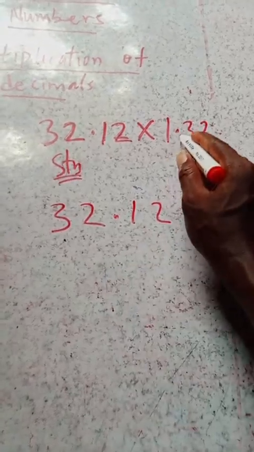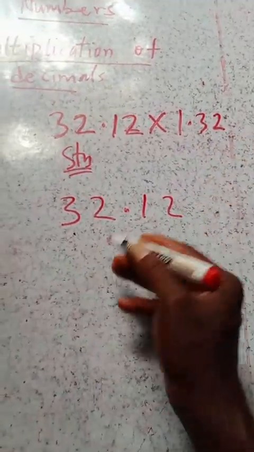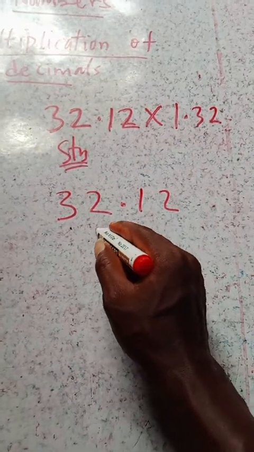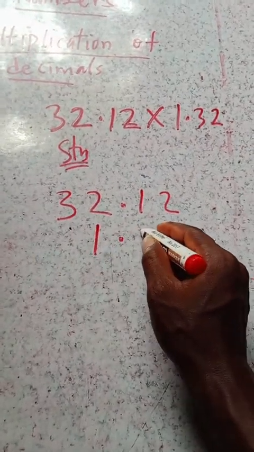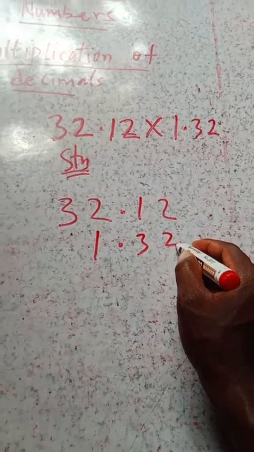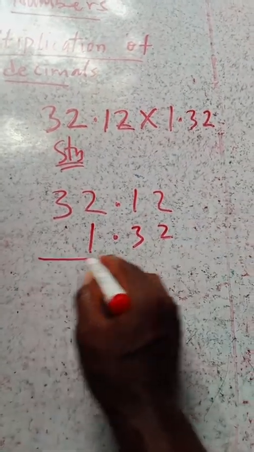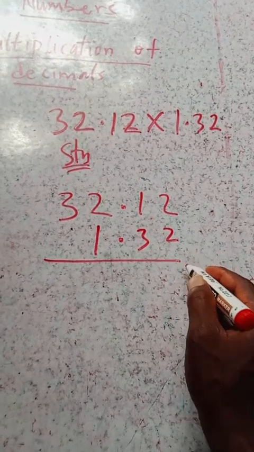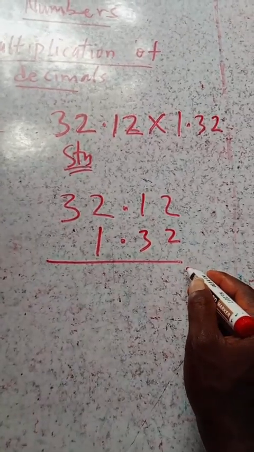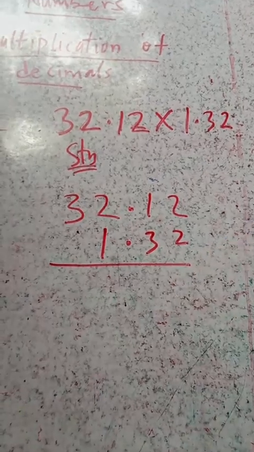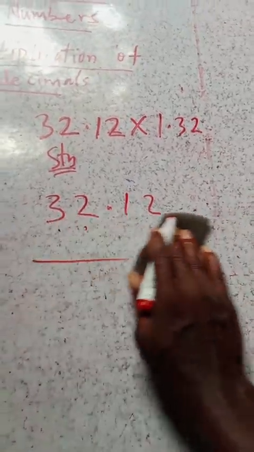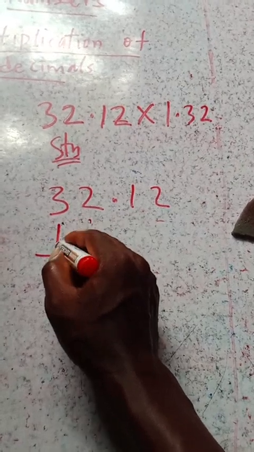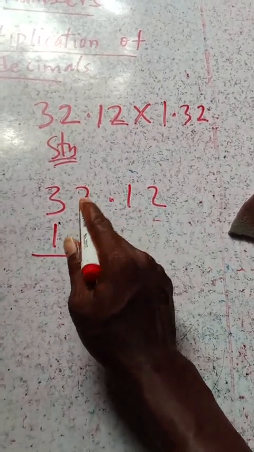I told you the 1.32, you can write it the way you like it. It does not matter anyhow you want to place it. You can place it like this, or you can also place it like this.